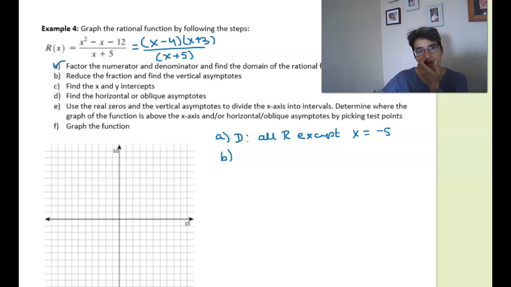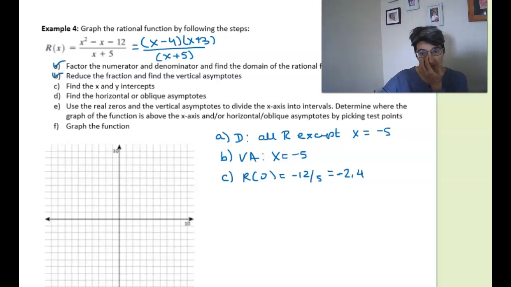Reduce, nothing crosses out. So the vertical asymptote is at the excluded value in the domain. X and Y intercepts. Let's plug in x is 0 and we get -12 over 5, which is about -2.4. So that's the y-intercept.